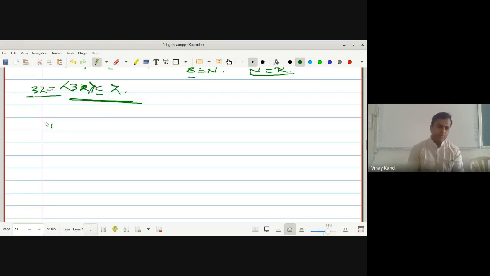Maximal ideal of a ring R. This is the definition.